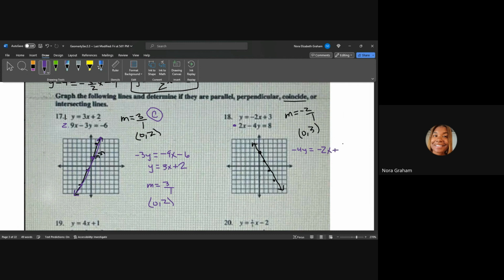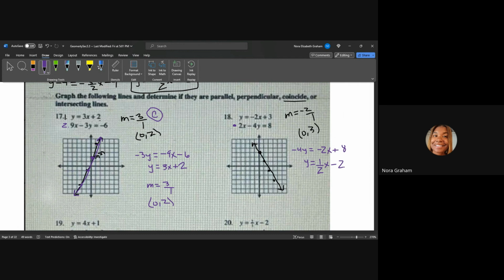Now I want to divide everything by that -4. So then I would get y equals negative divided by a negative is a positive, 2 over 4, that reduces down to 1/2 x. 8 divided by -4, that's going to be -2.